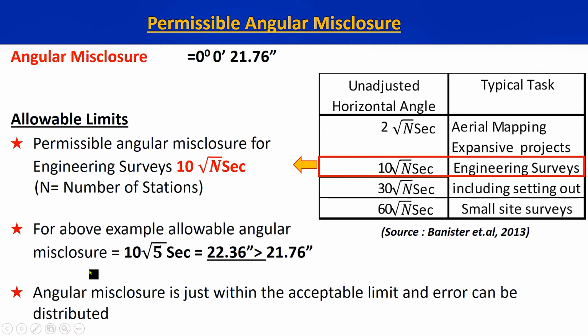So n means the number of stations used for the traverse. Accordingly, we can see the permissible error is 10 into root 5 seconds. It is 22.36 seconds, which is greater than 21.76 seconds. So it is just within the acceptable limit, and therefore the error can be distributed like this.